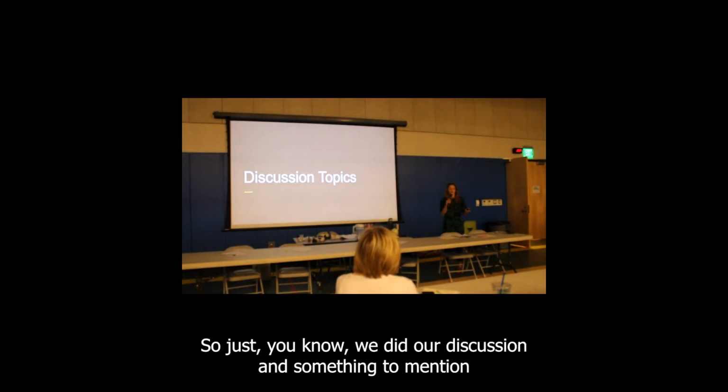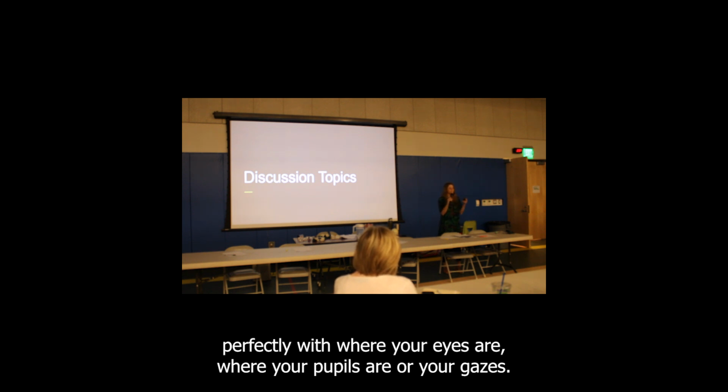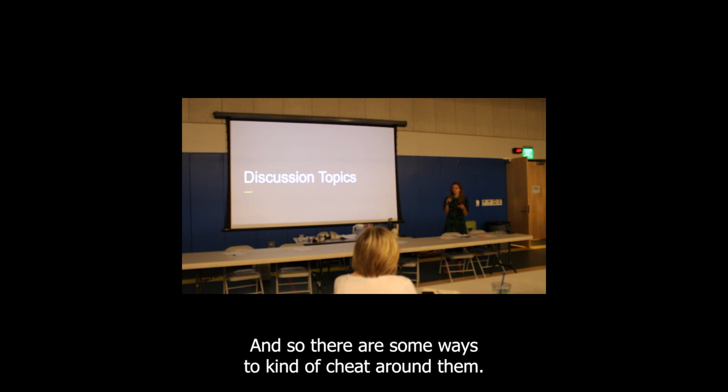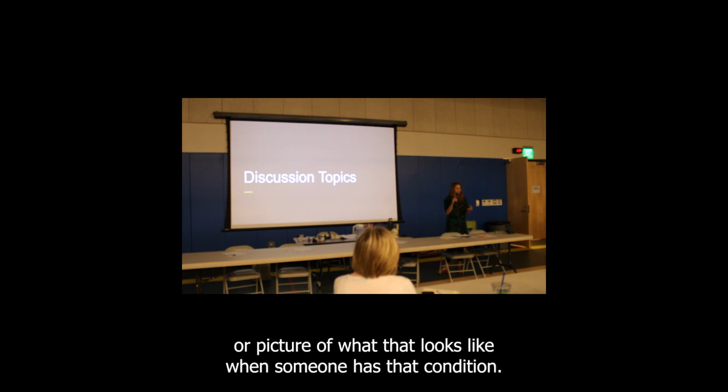Okay, we did our discussion, and something to mention about the simulators is that when you put them on, they may not line up perfectly with where your eyes are, where your pupils are, where your gaze is, so there are some ways to cheat around them. Again, simulation is not going to give you the full experience or picture of what it looks like when someone has a condition.